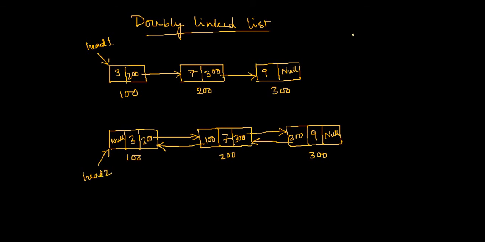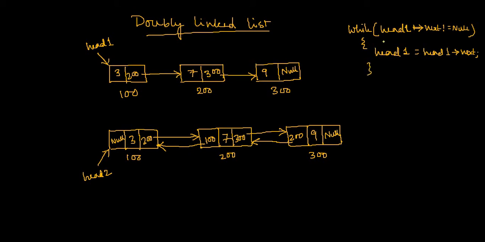If I write a situation something like while head 1 next not equal to null, head 1 equal to head 1 next, what will happen? Due to this criteria, this head will traverse till the last node.